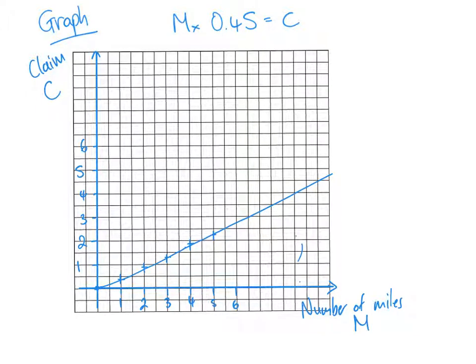So let's look at what's changing. So every time we go an extra mile, the claim increases by 45 pence. Extra mile, claim increases by 45 pence. Mile, 45 pence. So this bit here is 45 pence. Pence, not cents.